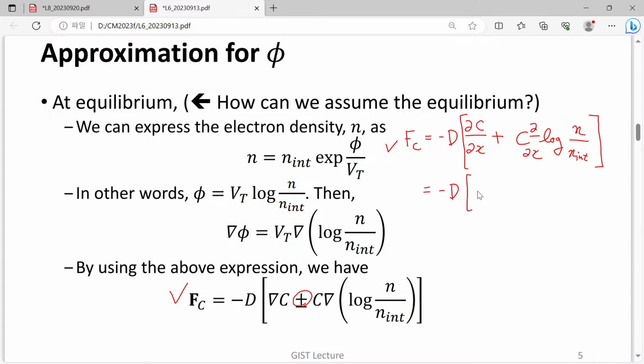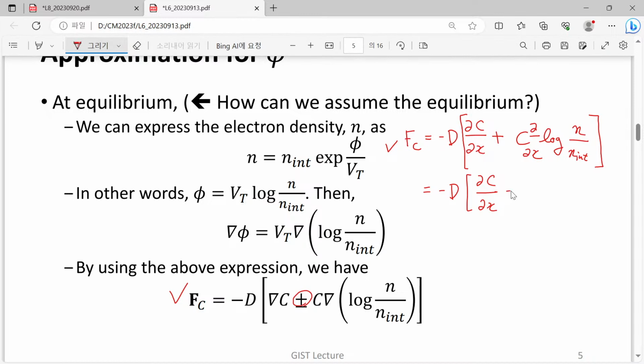Please take the derivative of the log. Here we have the partial derivative of log n minus log of the intrinsic carrier density.